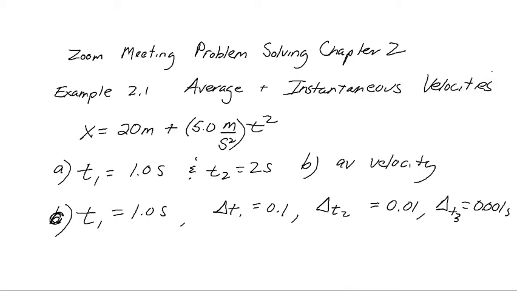So we'll take the limit there, and derive an expression for the cheetah's instantaneous velocity as a function of time. So we need to find dx/dt, an expression for that, and use it to find v sub x at t equals 1 second and t equals 2 seconds.